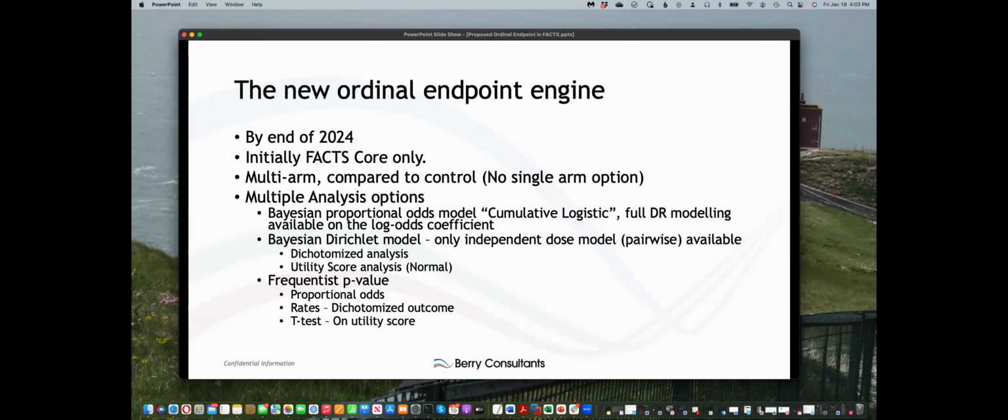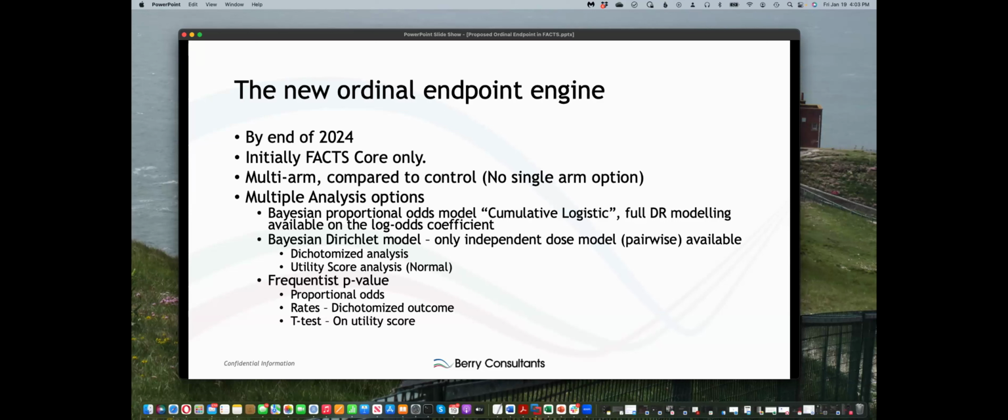There's a Bayesian proportional odds model, which will allow us to have dose response models because this analysis will produce a coefficient per treatment arm, and that we can include in dose response models.